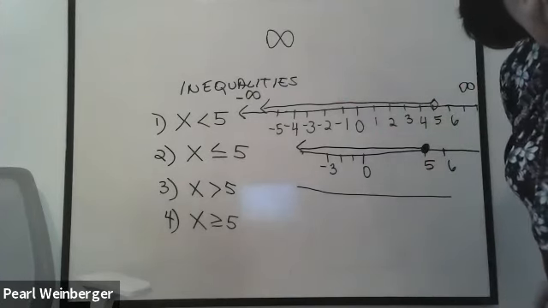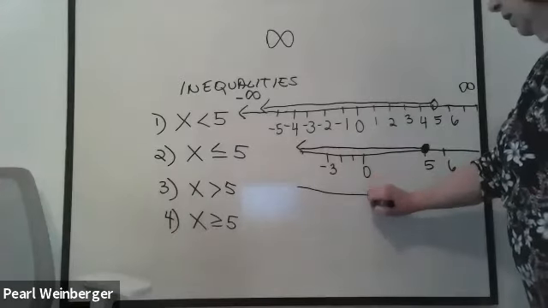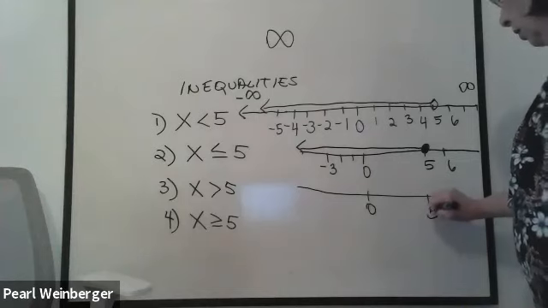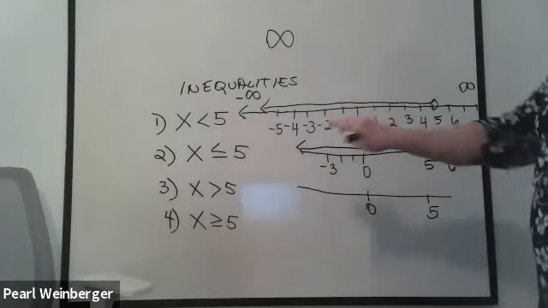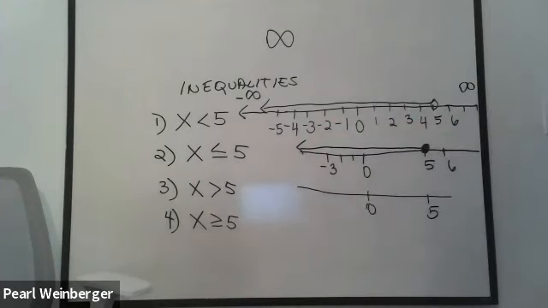Yeah. So now let's look at x greater than 5. Again, here's my number line, here's my 3, here's my 5. To say x is greater than 5 means that we're talking about numbers to the right of 5, numbers like 6, 7, 8.